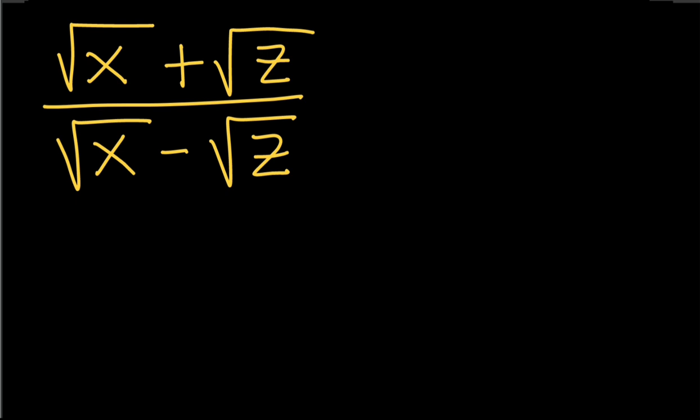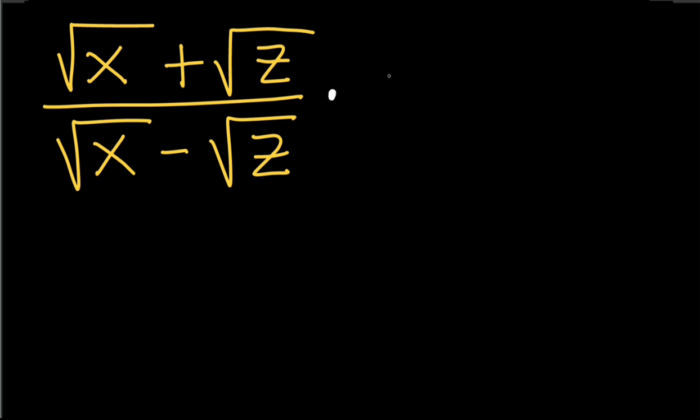How about this one? Square root of x plus square root of z over square root of x minus square root of z. In this case, we need to multiply both the numerator and denominator by the conjugate of the denominator. The denominator here is square root of x minus square root of z, and the conjugate of that is square root of x plus square root of z.